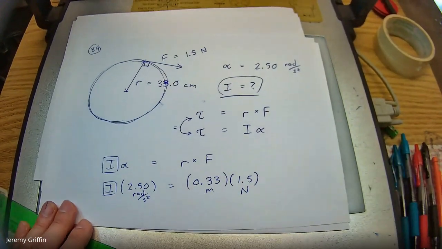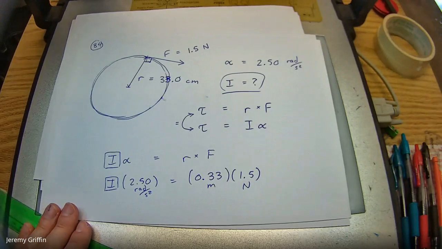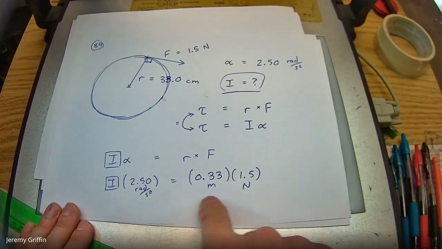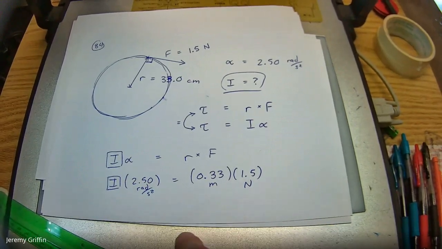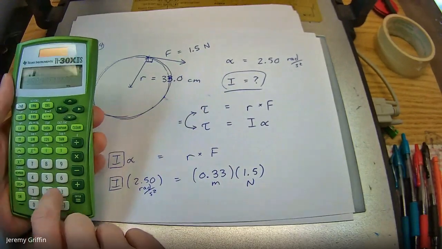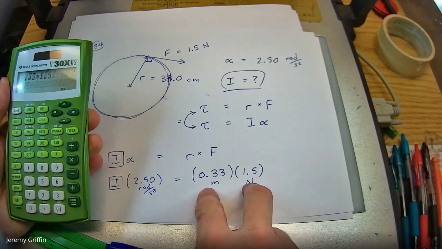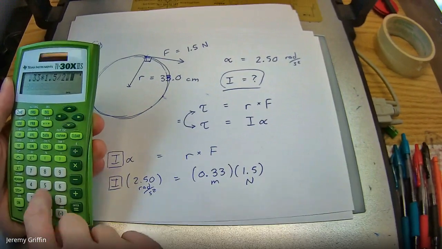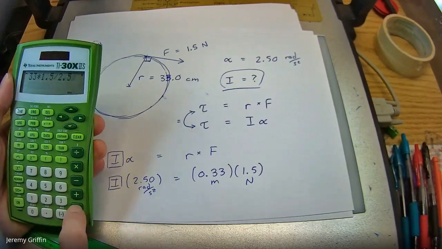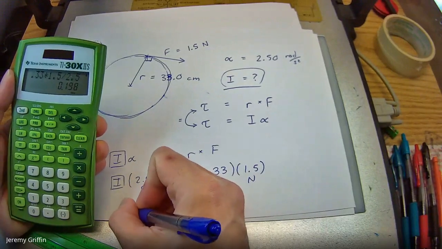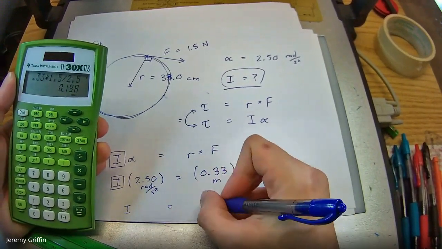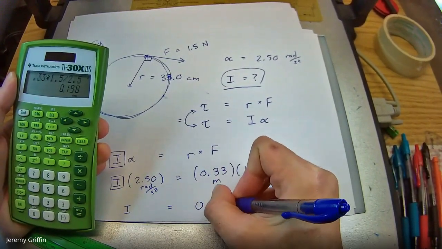Okay. You guys see there's going to be one algebra step to get to the answer. Just divide both sides by alpha. Okay. So this many meters times this many newtons, so there's the applied torque. Divide by how many radians per second squared, and that will give you I is equal to this many.